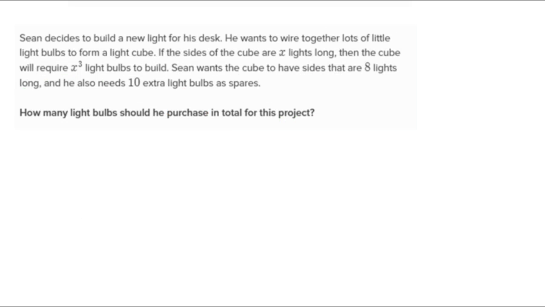Read through the question, pause it, try it on your own, and then hit play. So after you pause, hopefully you recognize that we have x cubed, and that's the number of lights in the cube. We have 8 lights, side lengths on the cube, so we're going to have some number cubed.